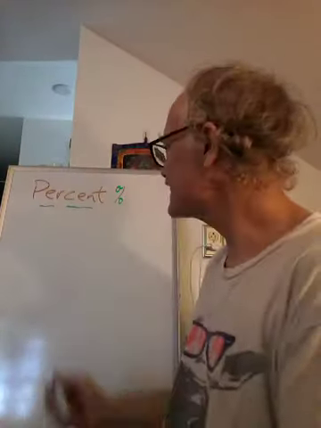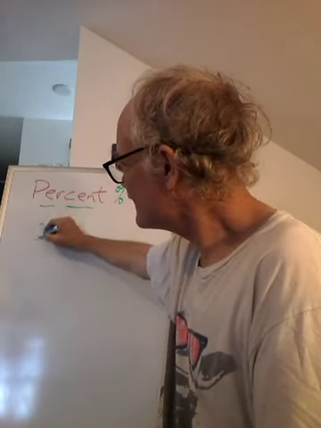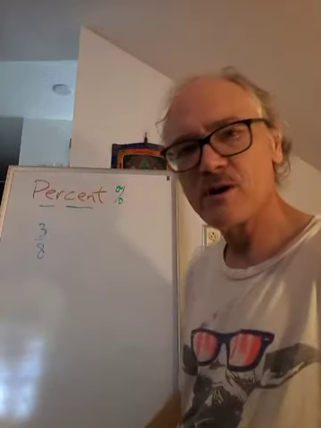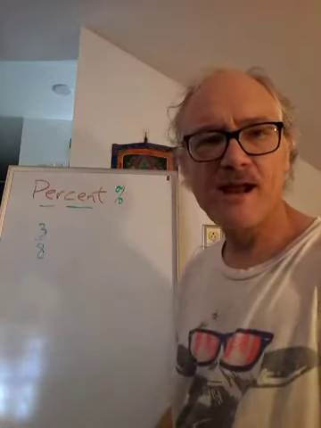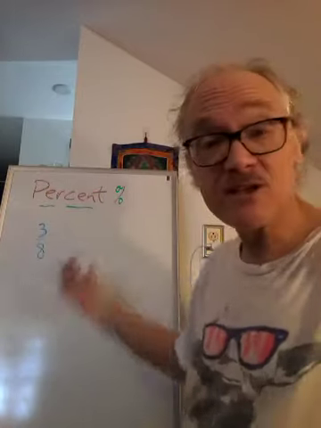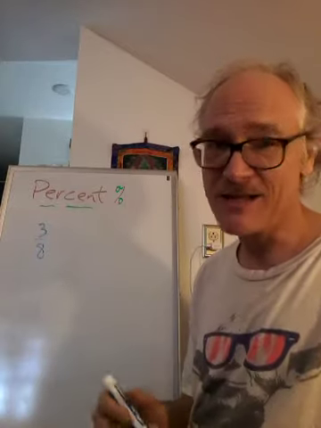Let's look at a case like 3/8. 3 over 8. So 3 over 8, what do we do? If I want to change this to a percentage or even just a decimal, do you remember how to change this kind of fraction into a decimal? It's not too tough.